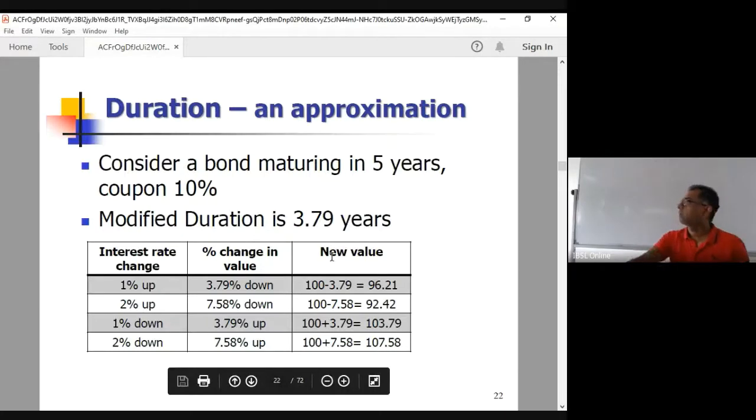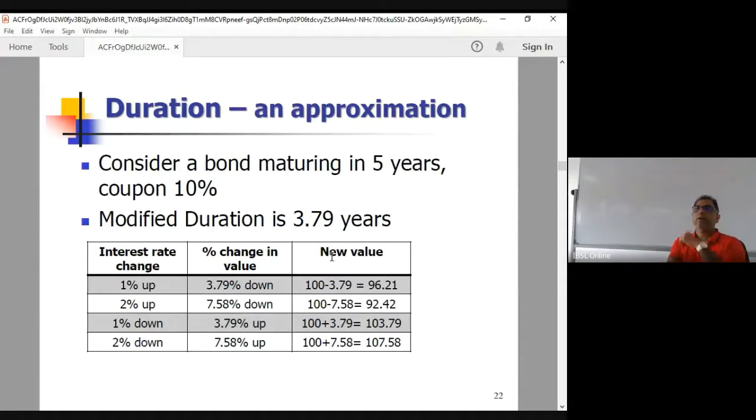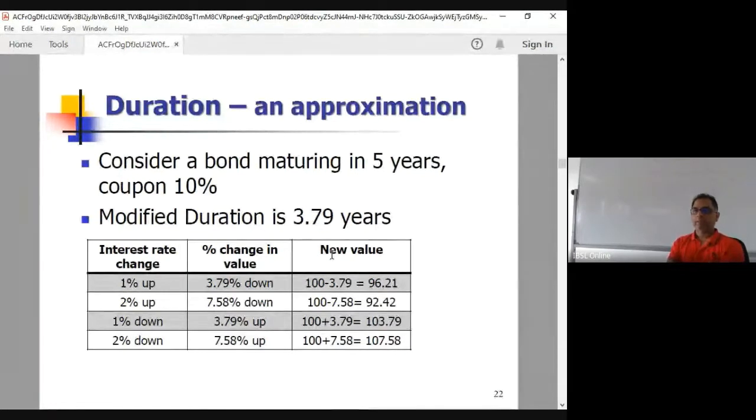Okay, right. So if you consider a bond of 5 years with a coupon of 10%, the modified duration has been given as 3.79. So basically what they're saying is that for a 1% change in yield, the modified duration of this bond is 3.79, right? So now interest rates go up 1%. What is the new value of the bond?